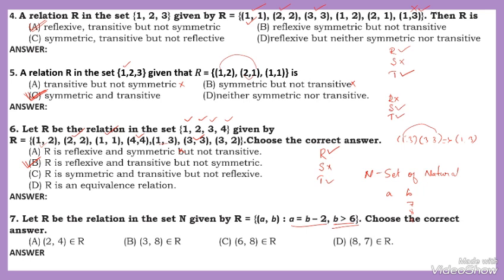When B is taken as 7, what is the value of A? 7 minus 2, that is 5. What is the pair? (5,7), the first pair. And for 8, what is the value of A? 8 minus 2, 6. 6 is related to 8.